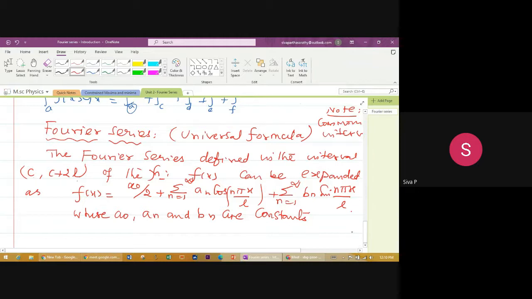A naught, a n, b n are constants. How can we find that a naught, a n, b n? And one more thing, these a naught, a n, b n are known as Euler formulae or Fourier coefficients.